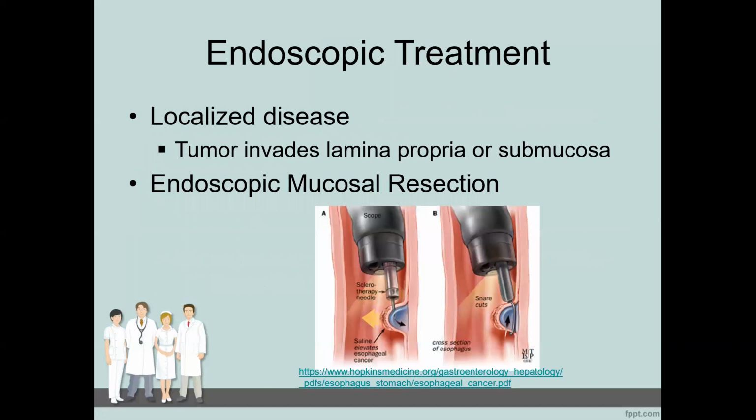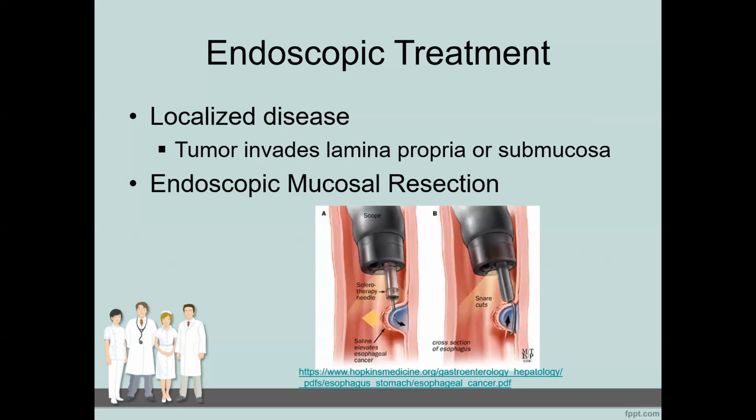For early localized esophageal cancer, tumors that only invade the lamina propria or submucosa are sometimes treated with a less invasive procedure called endoscopic mucosal resection. You'll also see this abbreviated as EMR. There are many different methods of endoscopic mucosal resection.